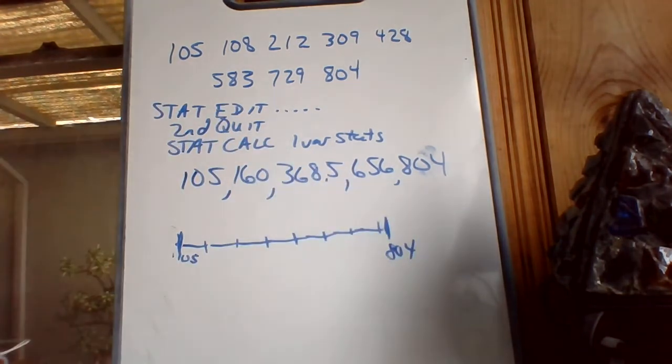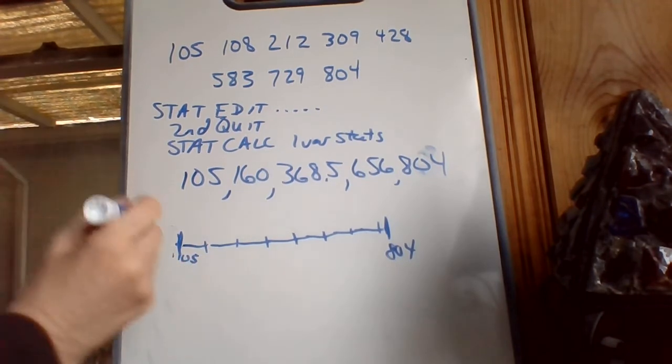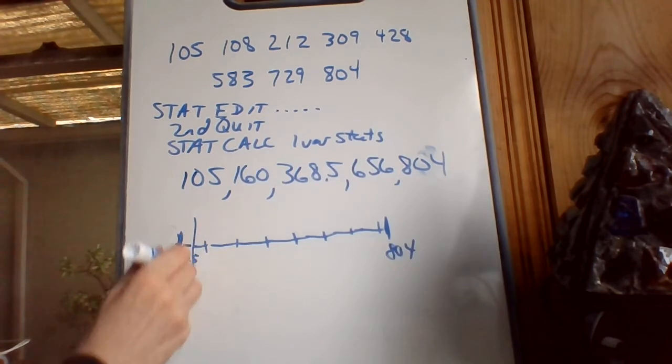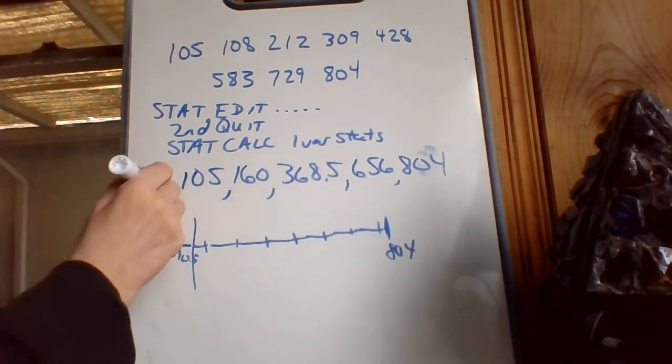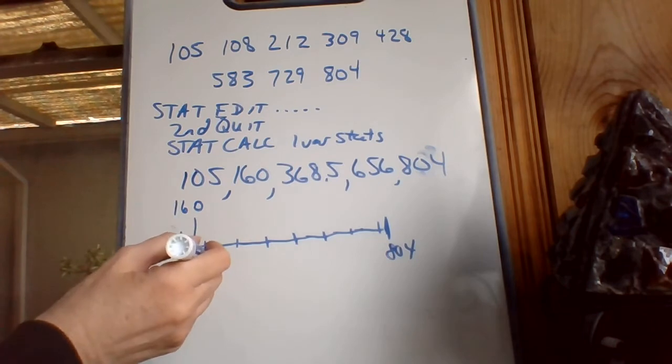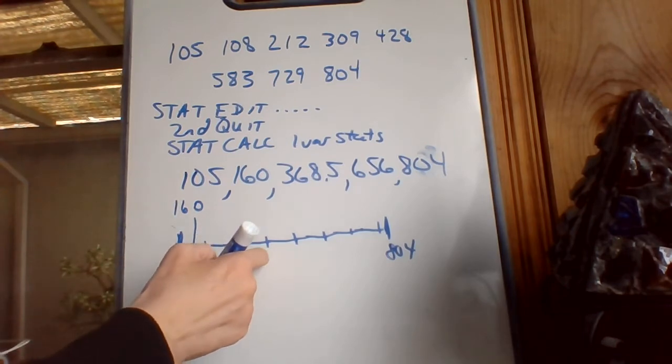So, all right, I marked it off to scale. And then I put my whiskers, my two ends on it. Now I got to put my box on it. 160, well, that was 200. So 160's got to be like right in here somewhere. All right, that's 160 right there. That's 200, that's 300, that's 400.